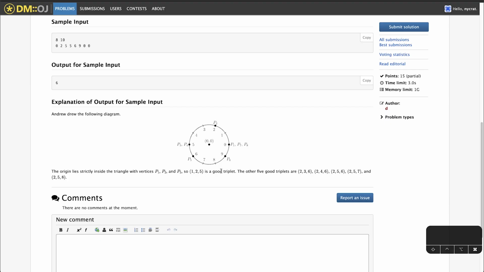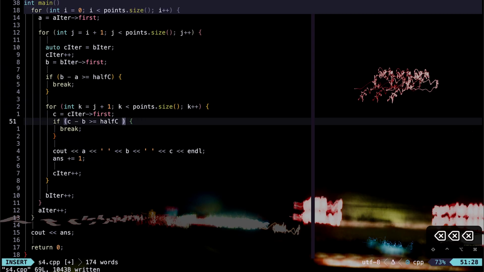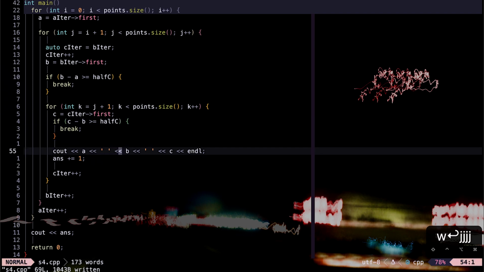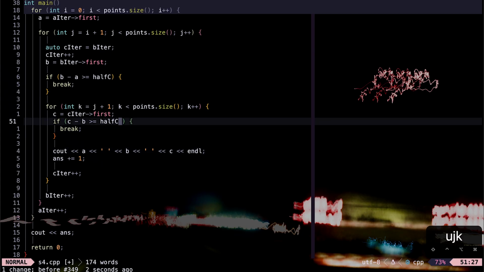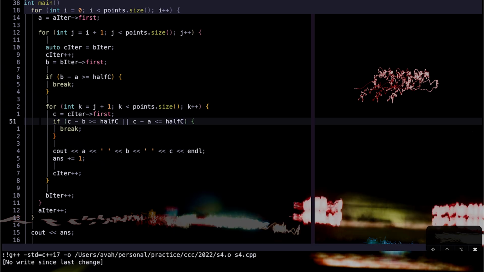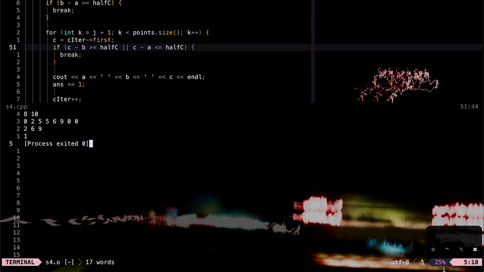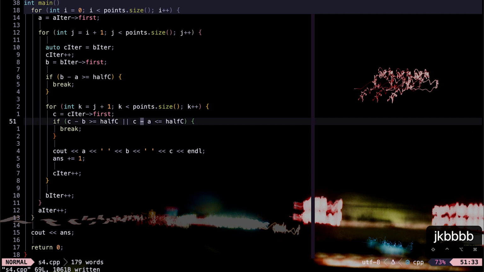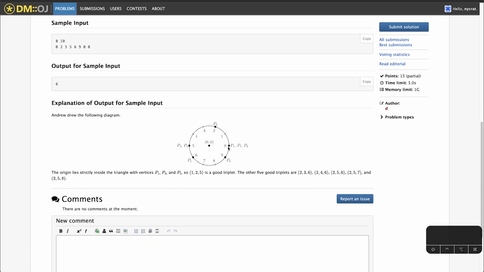So 1, okay, so or if C minus A is less or equal of C. I see, because this has to be greater.